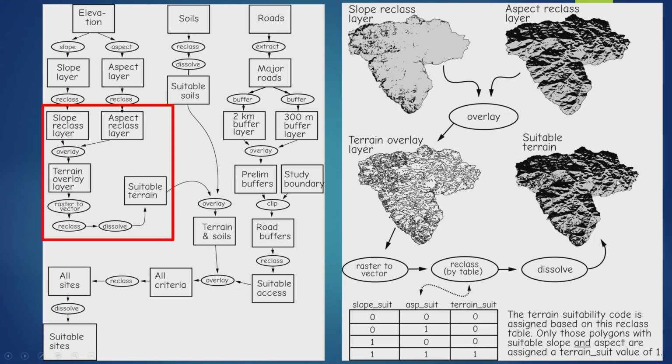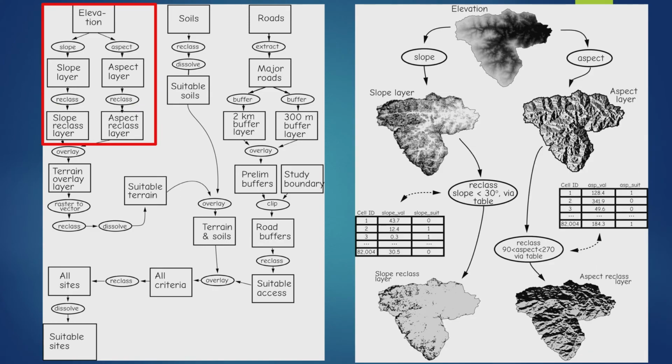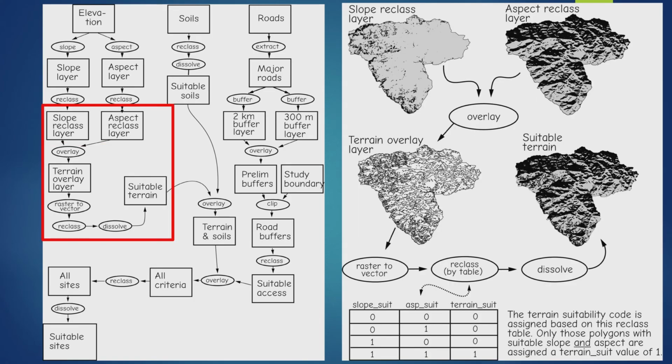And so in order to see, I guess it's the gray areas that are acceptable in both. Okay, so in order to see which ones are totally acceptable, here's the suitable terrain. This mimics what you're going to do in the lab.